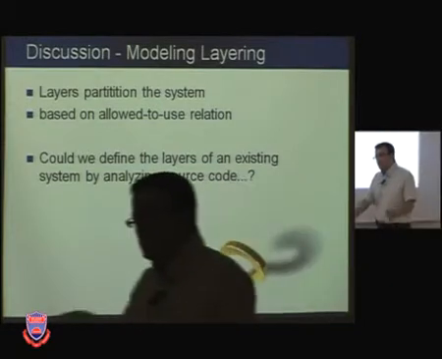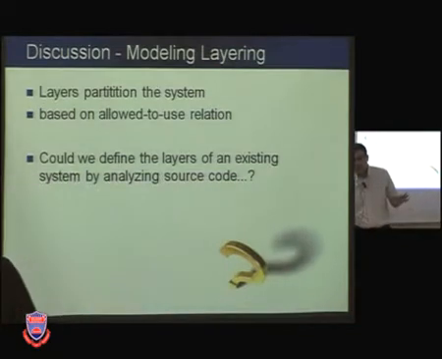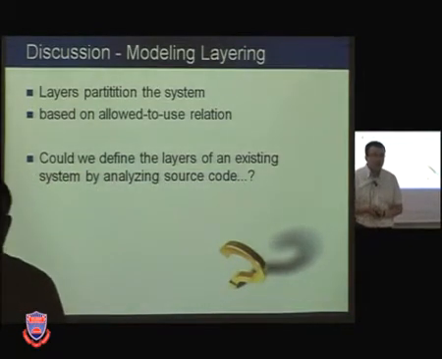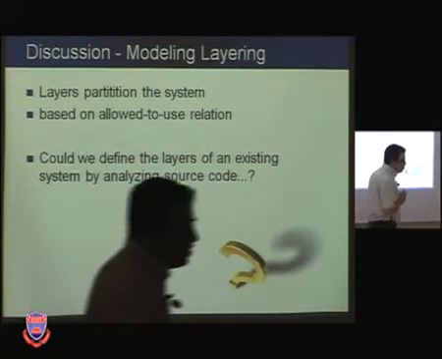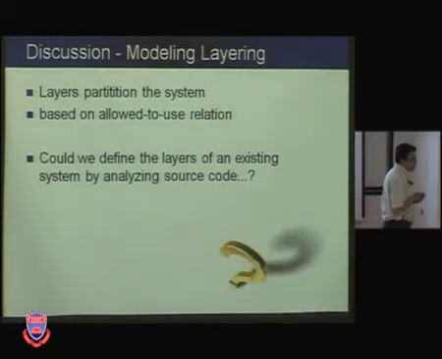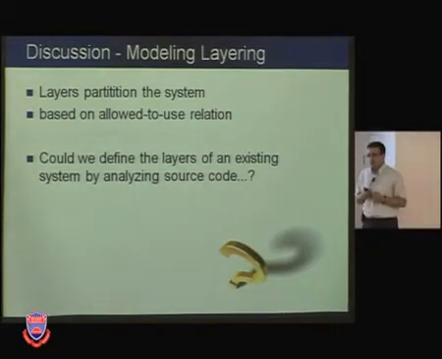Imagine you have a system. It doesn't have an architecture. You have to define an architecture for it, and you analyze the source code. Based on the source code, you want to define the layers. Is this possible, by just analyzing the source code?